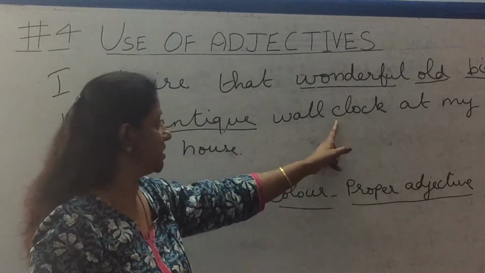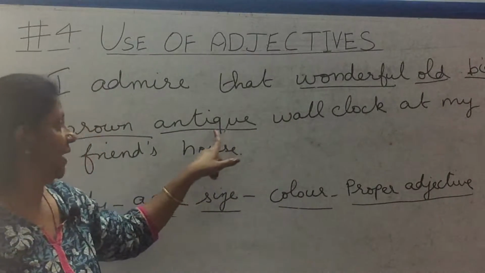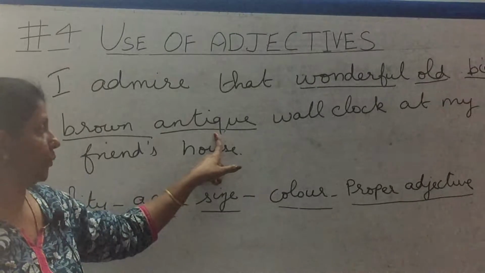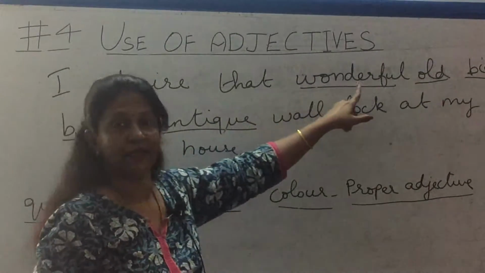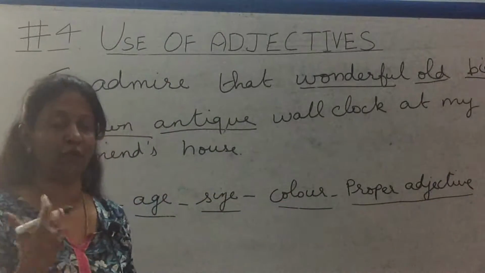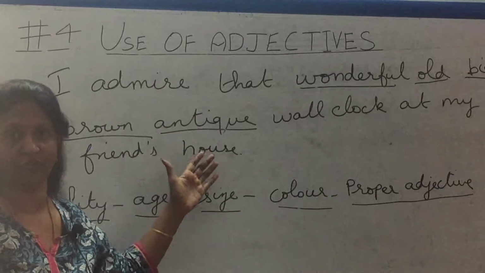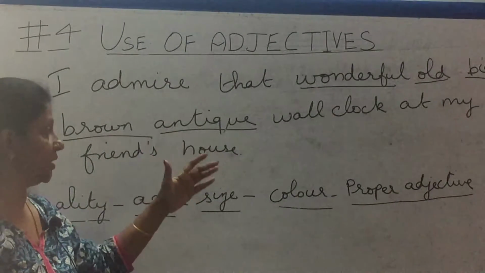Why? Because it comes just in front of the noun. Noun here is wall clock. I am describing with the use of a proper adjective. So I am adding additional information to this noun wall clock. So that is how you have to improve the words when you are speaking. So this is one method of improving your speaking skills.